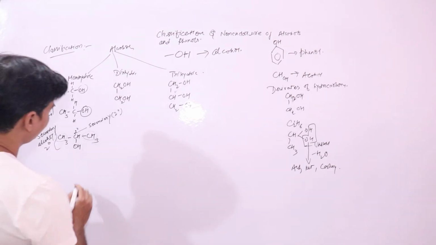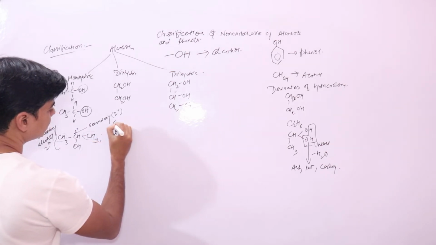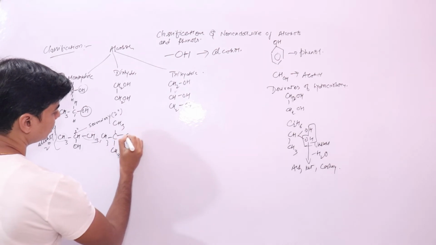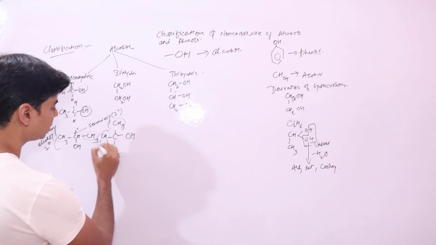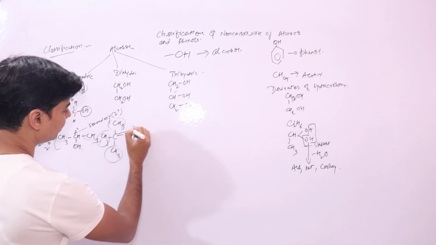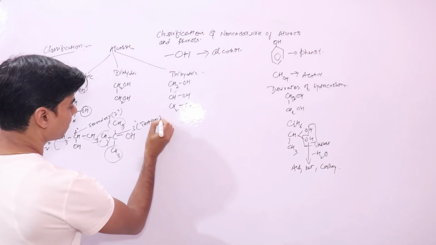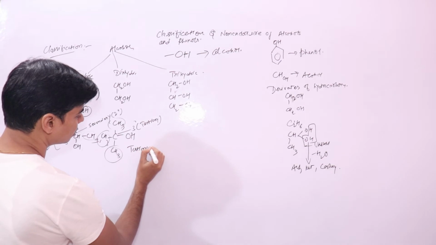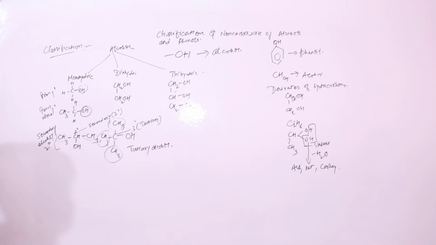Similarly, if I take another example like this, where this OH group is attached to a carbon atom which is connected to three other carbon atoms directly, this carbon atom is a 3 degree or tertiary carbon atom, and the alcohol would be your tertiary alcohol. I hope this classification is clear.